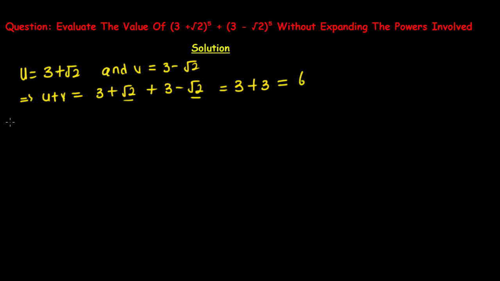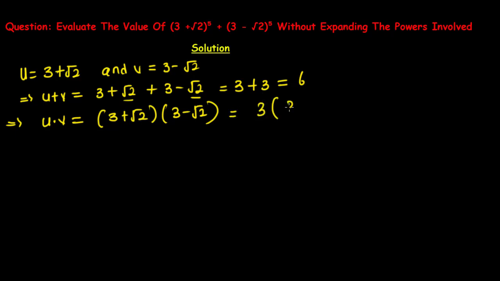Now another thing we're going to calculate is u times v. That is the product of u and v. So this is going to be 3 plus root 2 multiplied by 3 minus root 2. Expanding this should be 3 into 3 minus root 2 plus root 2 into 3 minus root 2.